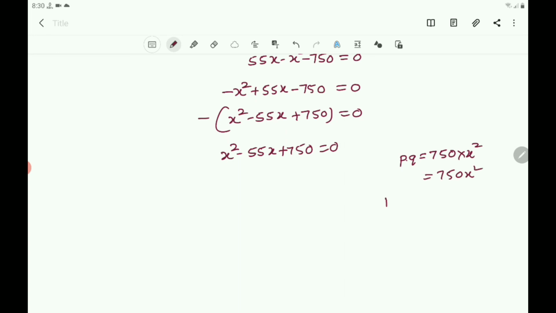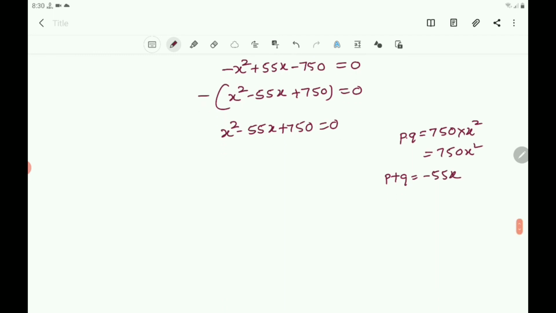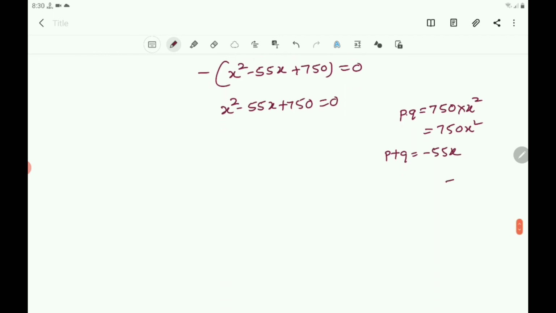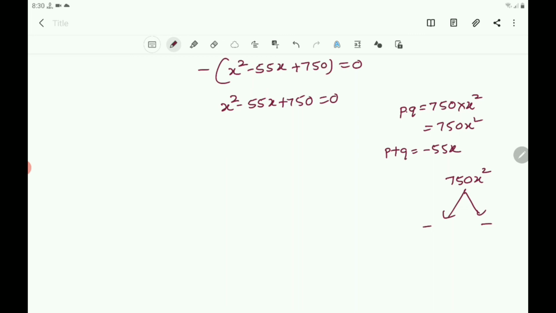Then p plus q, the sum, is minus 55x. You know that the product is positive, so the factors have the same sign, that is the sign of the middle term, that is minus. So you take minus, minus.